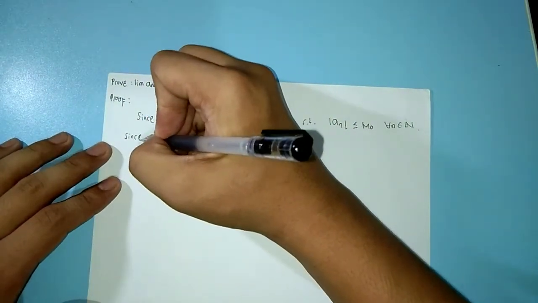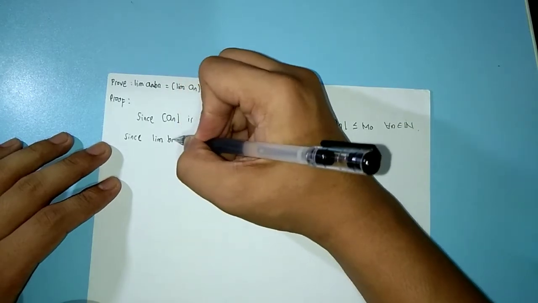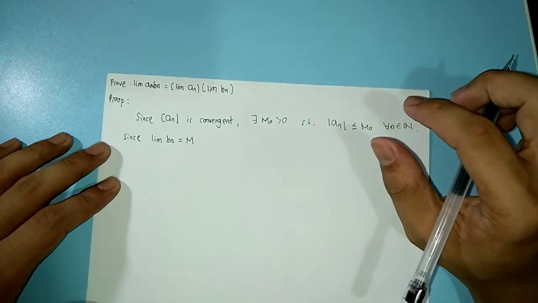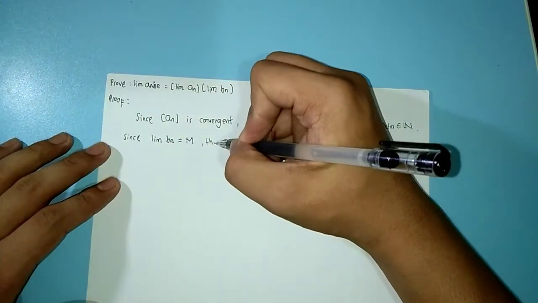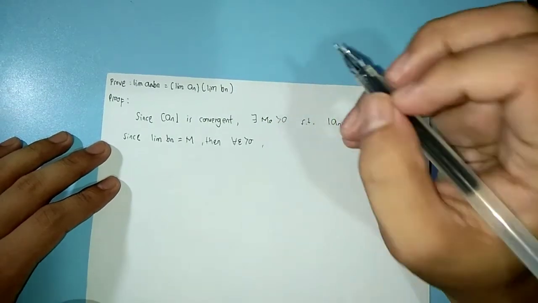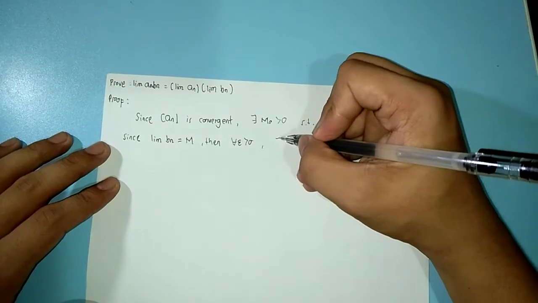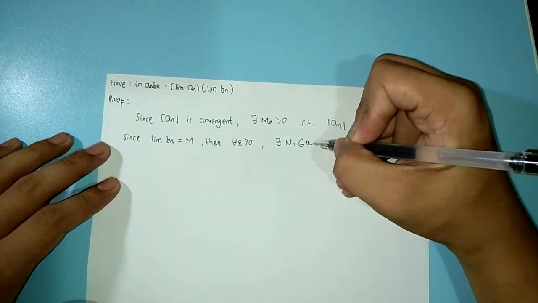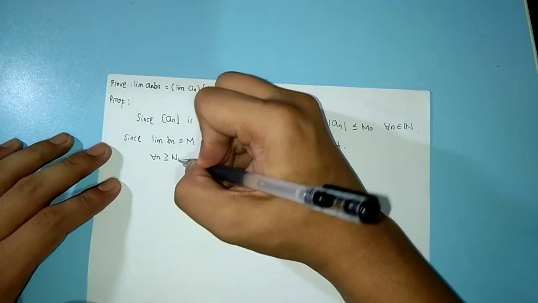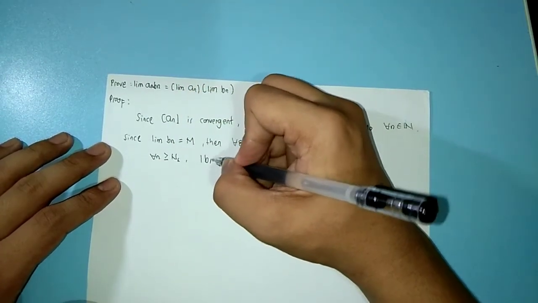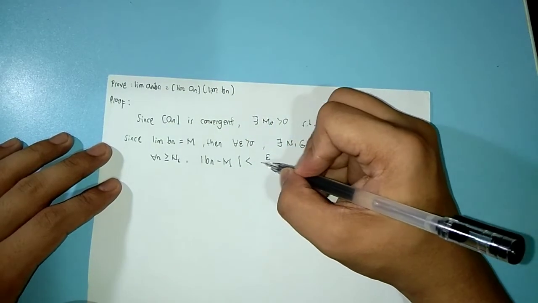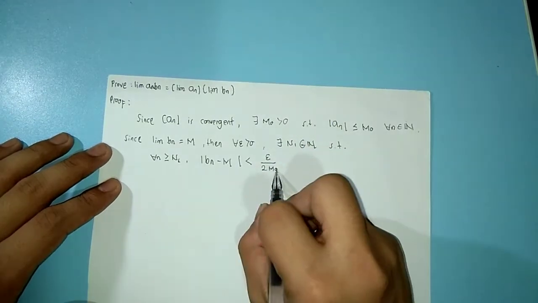So, since yung limit ng b sub n ay equal sa M according to our hypothesis, then by definition of convergent sequence, for any positive epsilon, may mag-exist na natural number, let's say N sub 1. So there exists a natural number N sub 1 such that for all n greater than or equal to N sub 1, the absolute value of b sub n minus M is less than epsilon over 2 M naught.